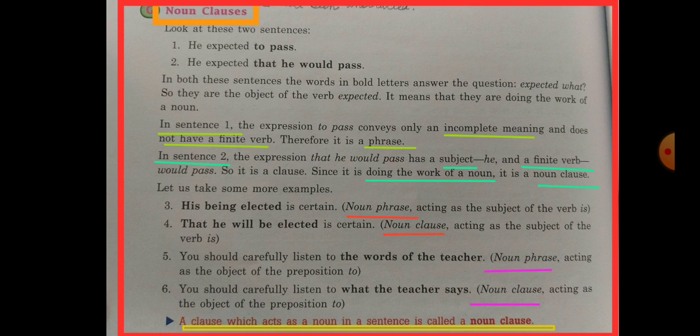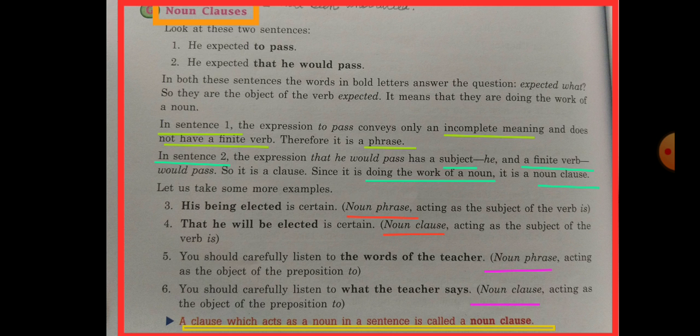Now the third one, that is the noun clause. As we know the definition of noun, a noun answers the question what. Read out the sentence: He expected to pass. Now, he expected what? To pass. We are getting the answer to what, that is, to pass.